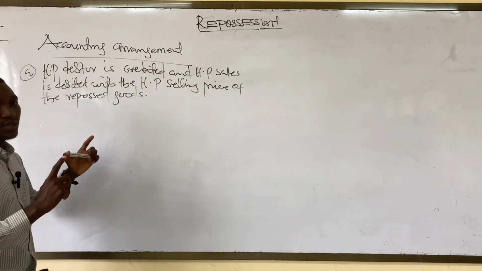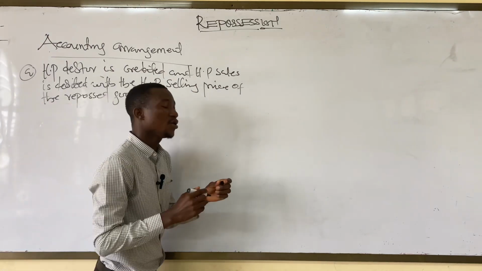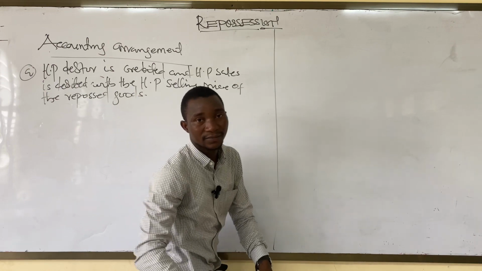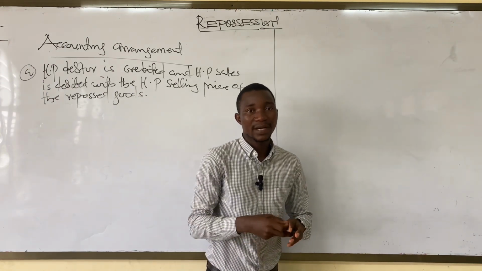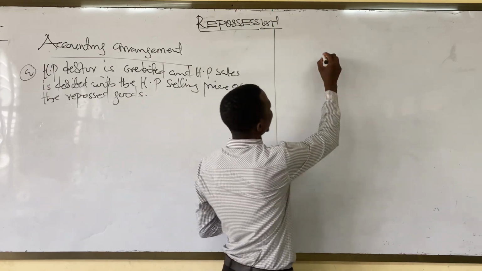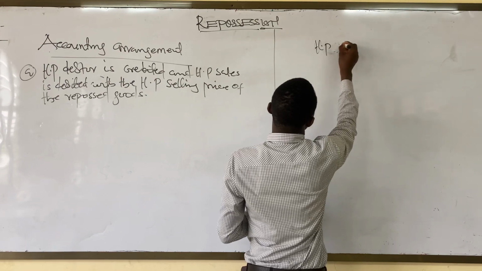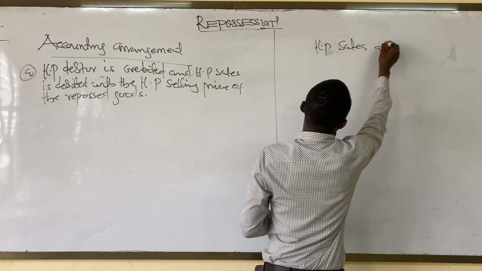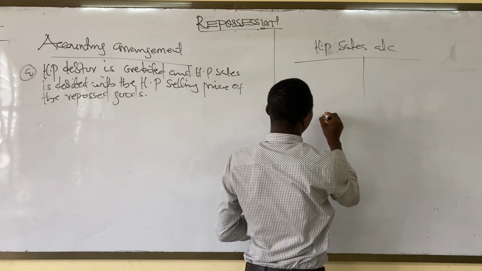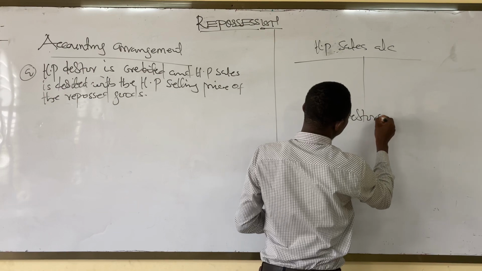So I would like to use two different accounts to explain this concept. We know that in a hire purchase contract, we have relevant accounts when it comes to the accounting arrangement for the hire vendor. So we have the HP sales account, we have the HP debtors account.